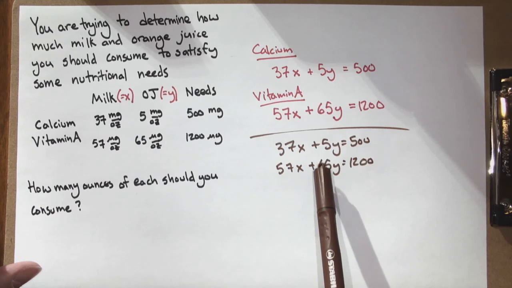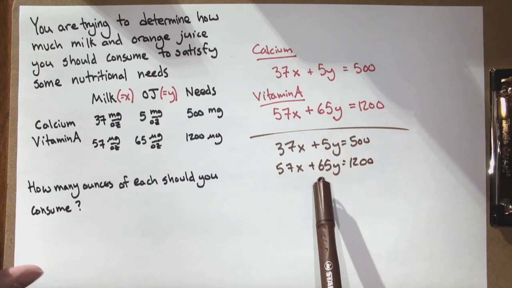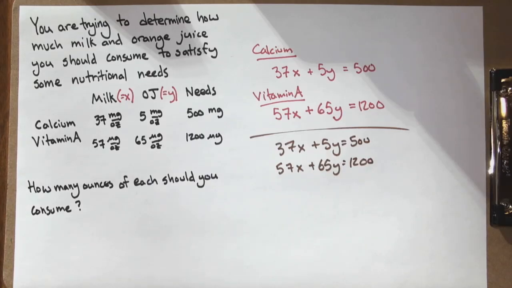Let's see if we can do some elimination. Can we do something with the Y? Well, is there something that both 5 and 65 divide into? The answer is they both divide into 65.